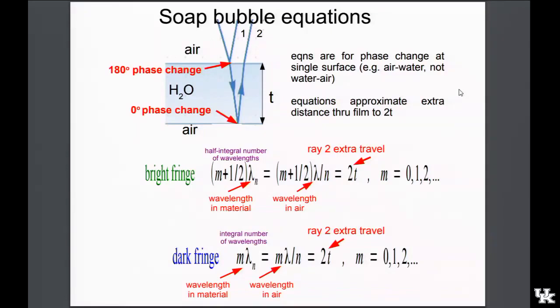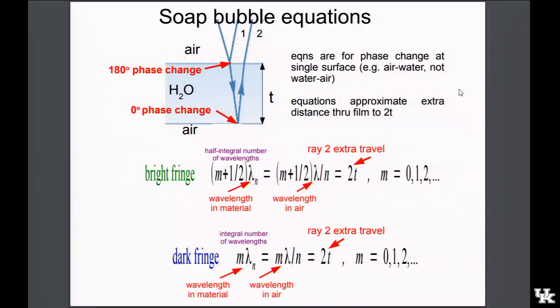If that extra distance is a half integral number of wavelengths, you actually get a bright fringe. If that extra distance is a whole number of wavelengths, in this case you actually get a dark fringe. And that's because of that extra change from crest to trough or trough to crest from the reflection off the higher refractive index material, the top reflection, the one on the outer surface of the soap bubble.